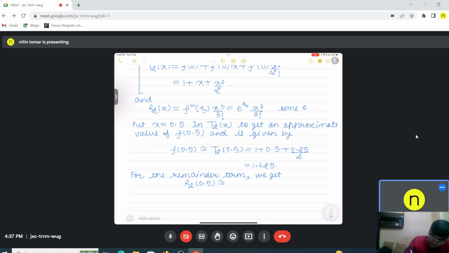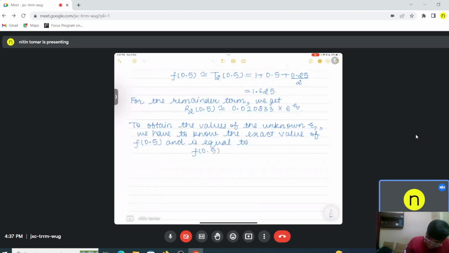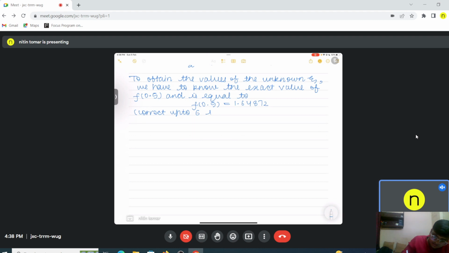Because we know f, and it is equal to 1.64872. This is correct up to 6 significant digits.